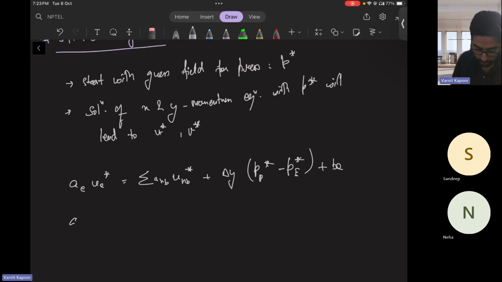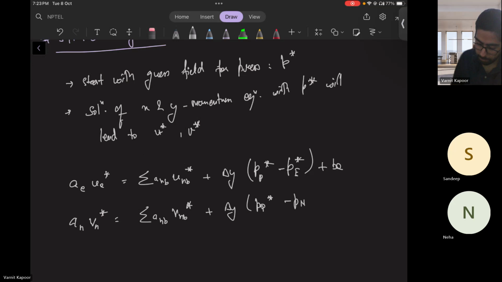And AN VN star is equal to summation of ANB VNB star plus delta X times (PP star minus PN star) plus BN. So you get the solution of these equations as UE star and VN star. Because you have guessed P star, you will get UE star and VN star. Right? First thing.